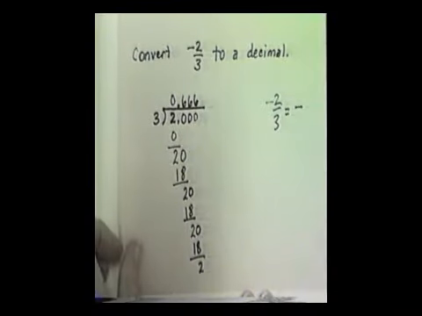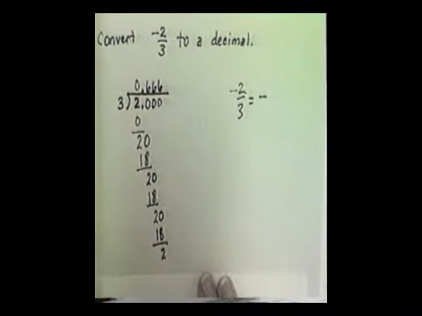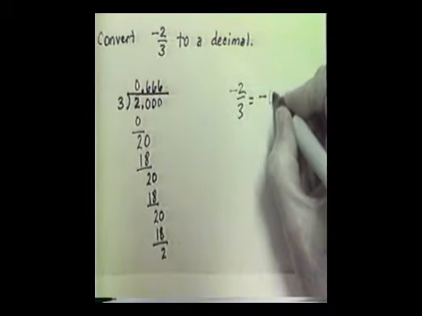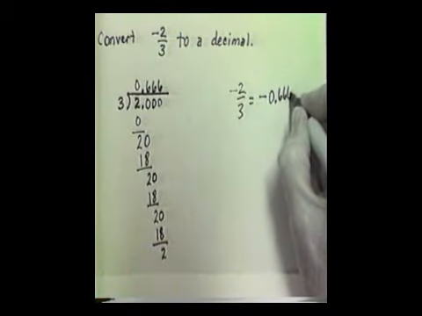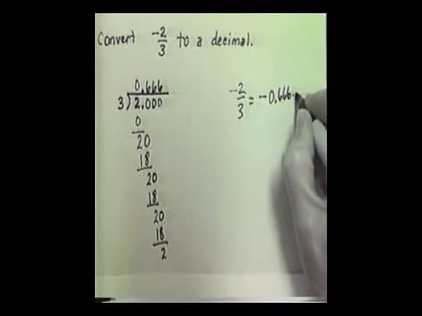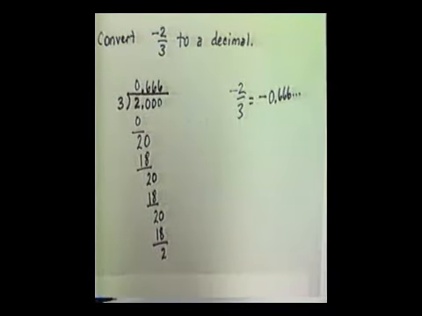And so we can write our answer, negative 2/3, as negative 0.666, enough sixes so we can tell what's coming next, and then put the 3 dots, and so on in the same fashion.